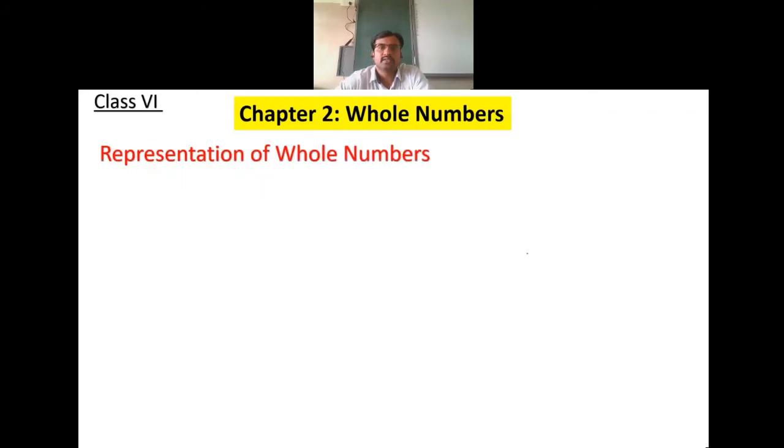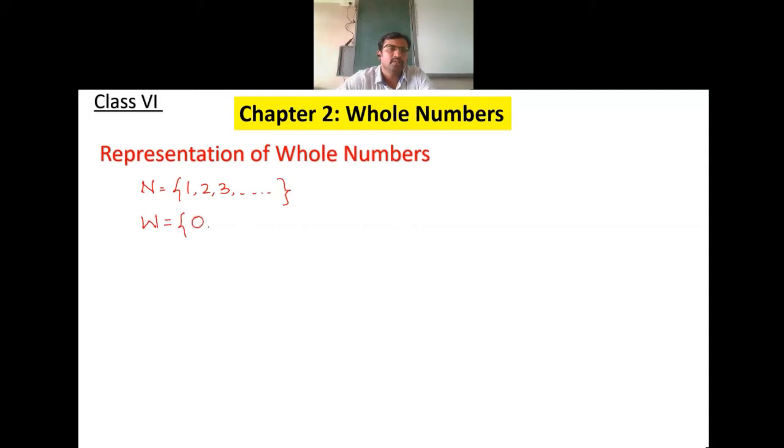We will learn to represent the set of whole numbers. If you remember, the set of natural numbers, we denoted it by letter N, and we wrote 1, 2, 3, and so on. Here, the set of natural numbers is represented using the letter N. The capital letter W is used for the set of whole numbers.